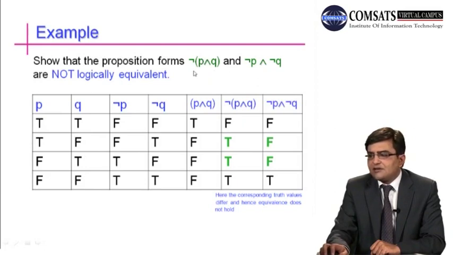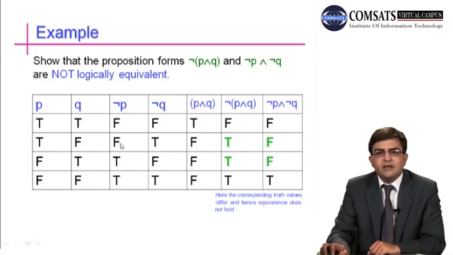Now to construct not P and Q and not P and not Q, we need not P, not Q, and P and Q. So step by step we will construct the truth table for these two compound propositions. First we take the negation of P, for which we will have false for the first two rows, where P is true.